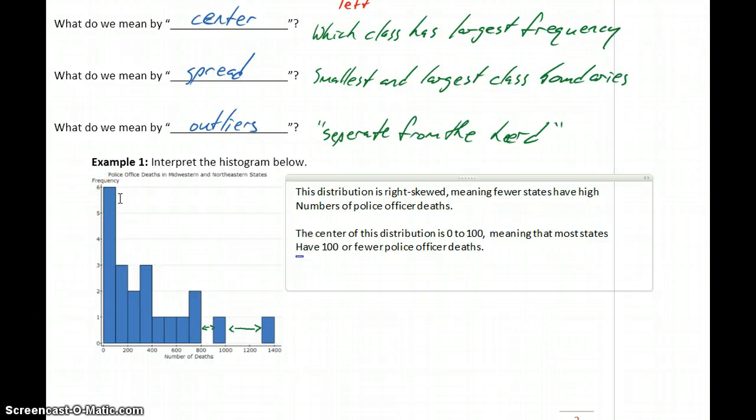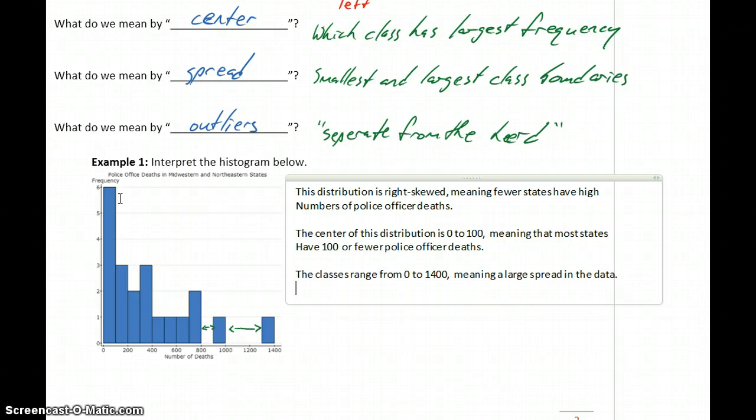We want to talk about the spread. In this case, the classes range from 0 to 1400, meaning there are states that have maybe as low as 0 or at least some relatively low numbers, up to as many as 1400 police officers who have died in the line of duty. So the classes range from 0 to 1400, meaning I would say a pretty large spread in the data.